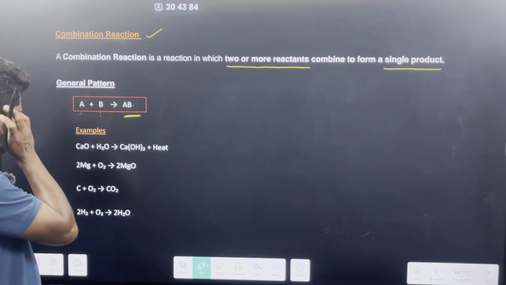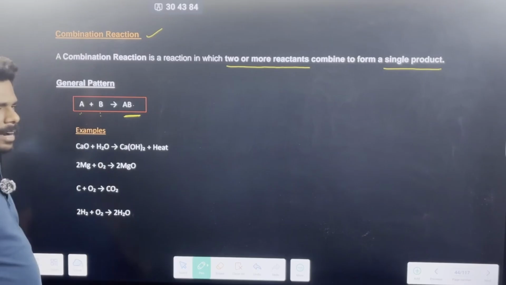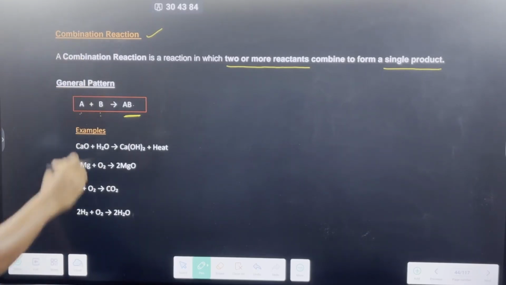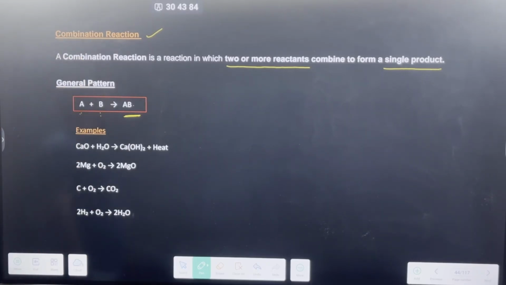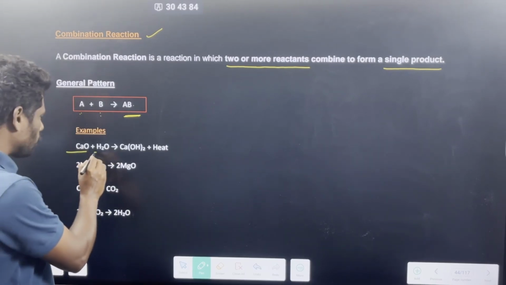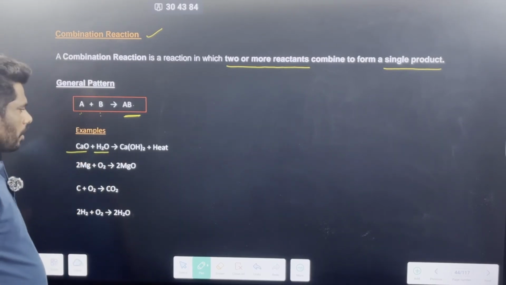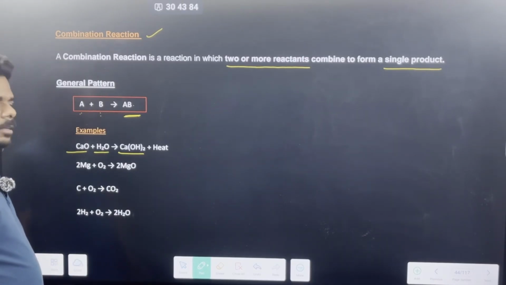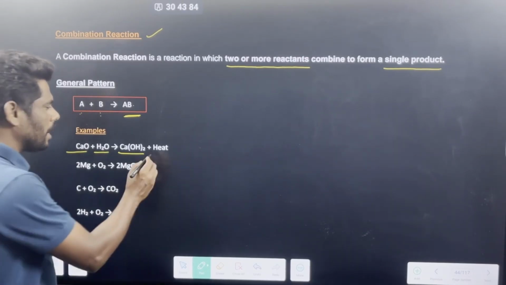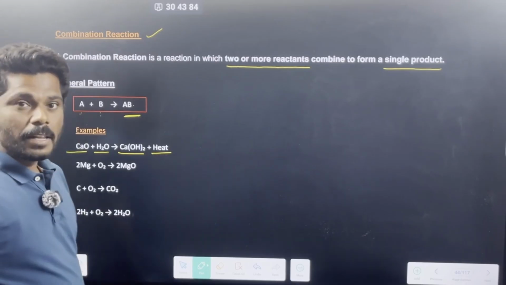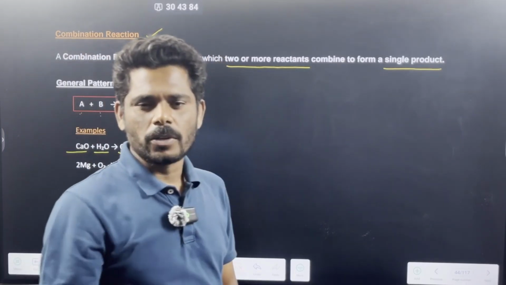Now, here are the examples. The question raised in the earlier slide: a white powder added to water, then a milky white is formed. Usually, even the container becomes hot, that is, heat is produced there.